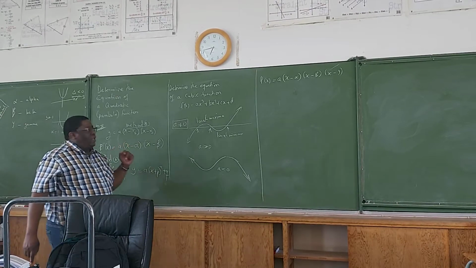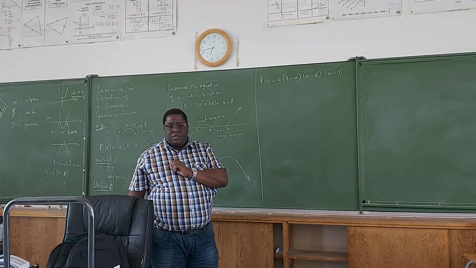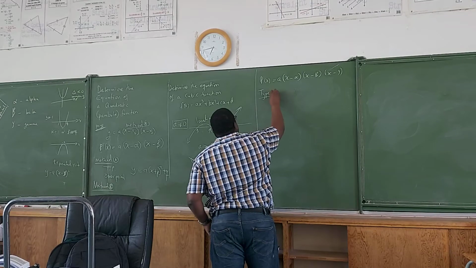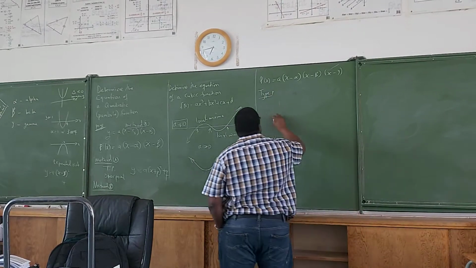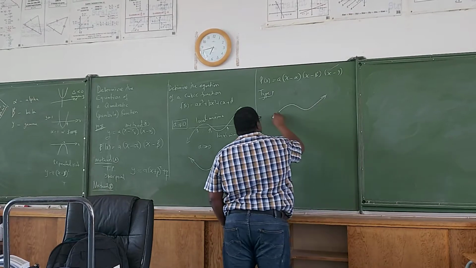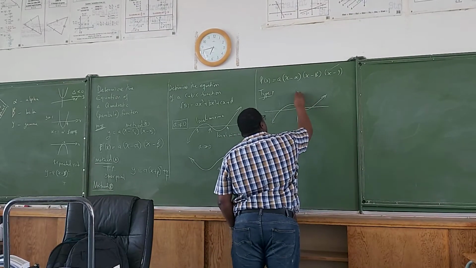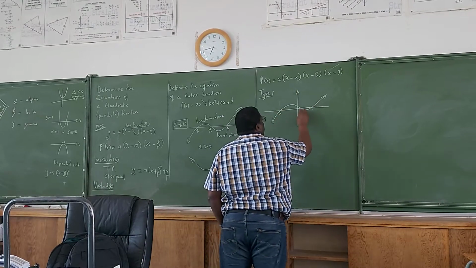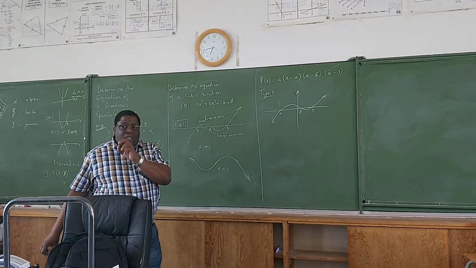You understand that? So, you have 4 types of cubic graphs. Let's look at type 1, where you have your x-intercepts at alpha, beta, and gamma. That means we have got 3.